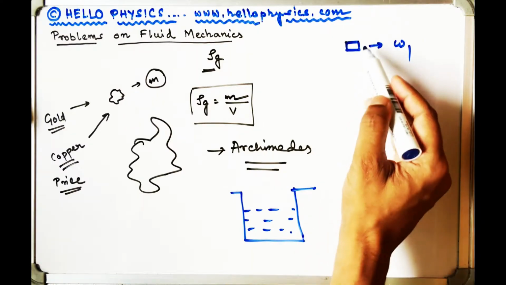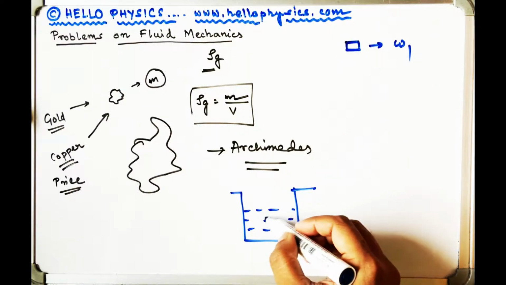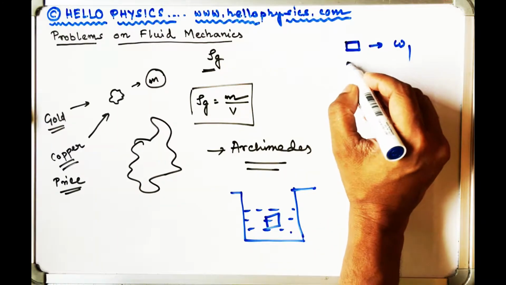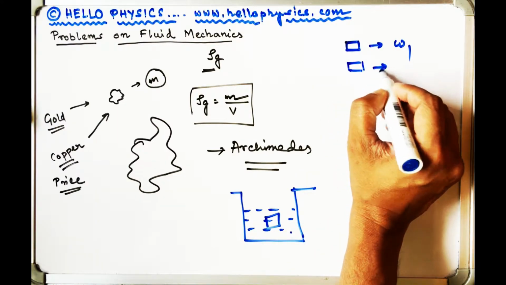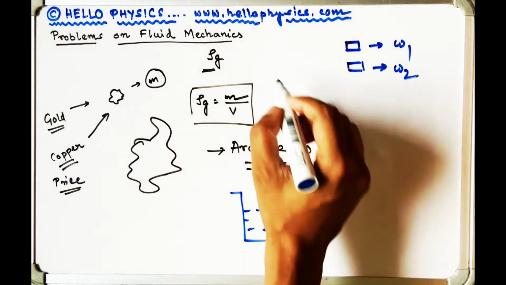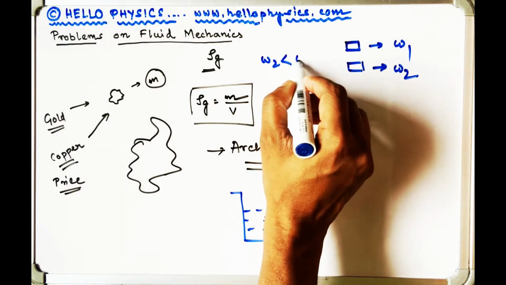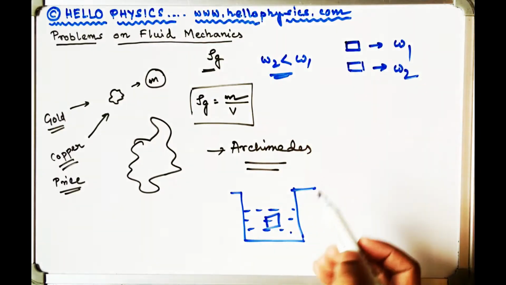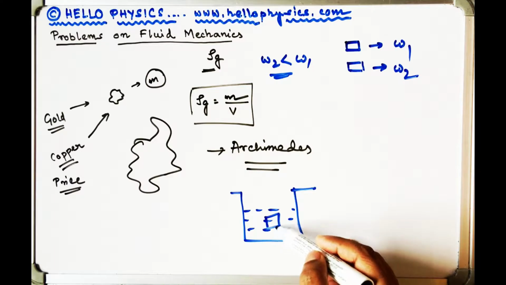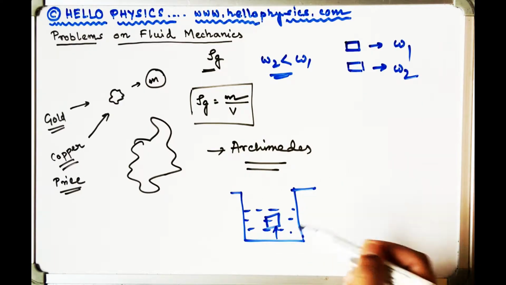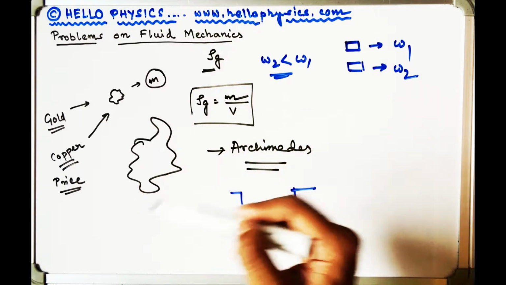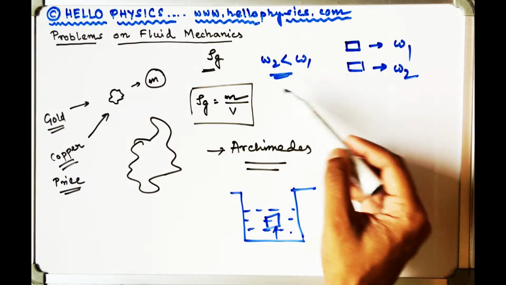You dip this object inside water and you measure the weight. You see that the weight of this object inside water is equal to W2, where W2 is less than W1. And that is expected, right? When you put an object inside water, it would have a buoyant force acting upwards. As a result, the observed weight would be less than the weight in air. So W2 is less than W1.